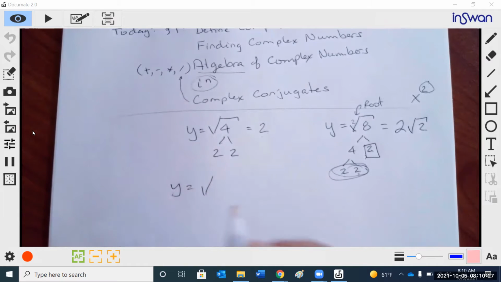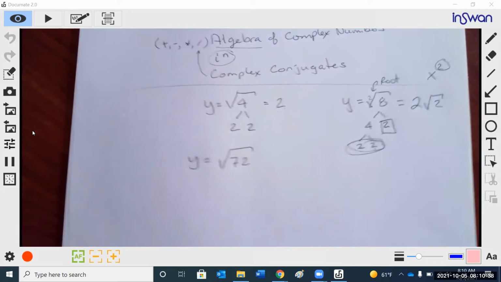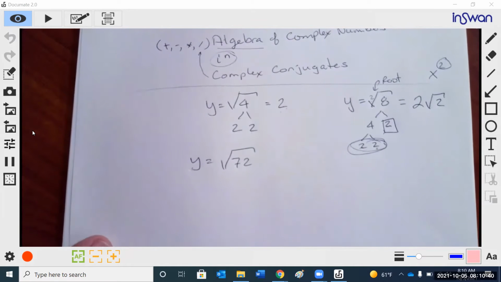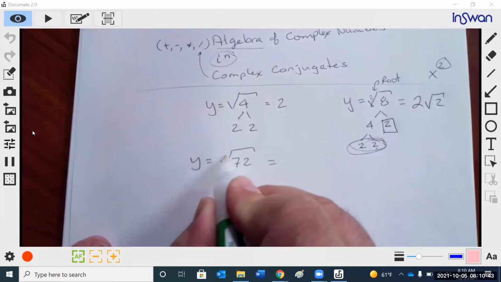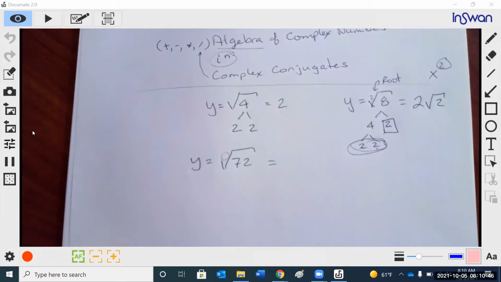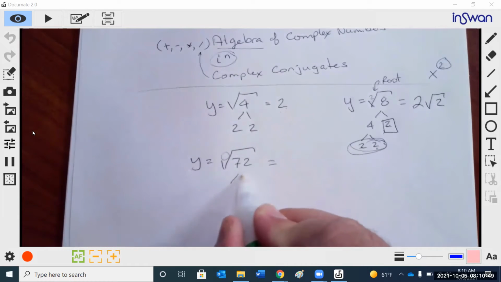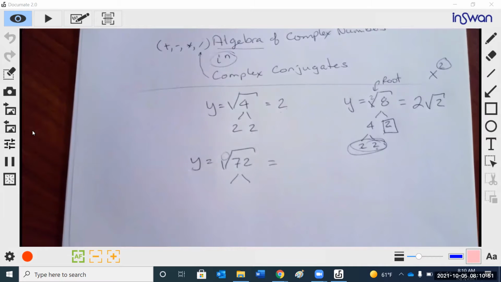Likewise, square root of 72. Let's look at that one. Since this is a square root, we need 2 of a kind to take it out. So what times what is 72? Nine times 8, okay. 9 is made up of, that's as far as you can go.